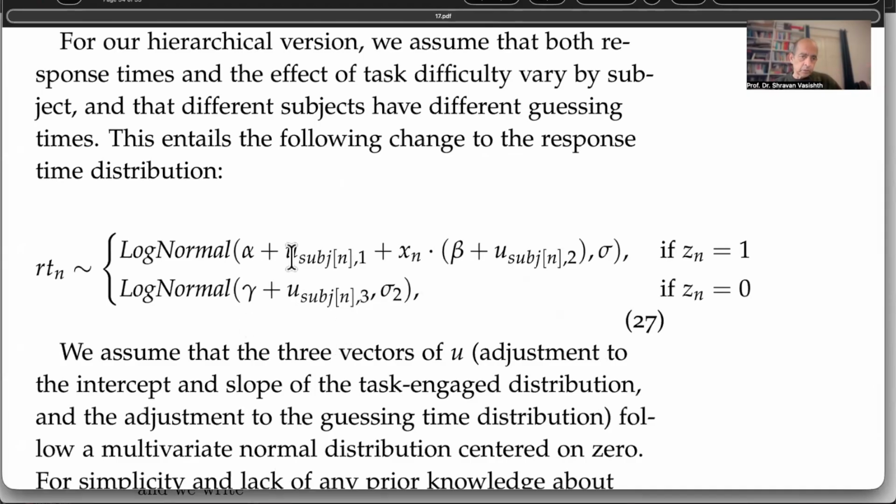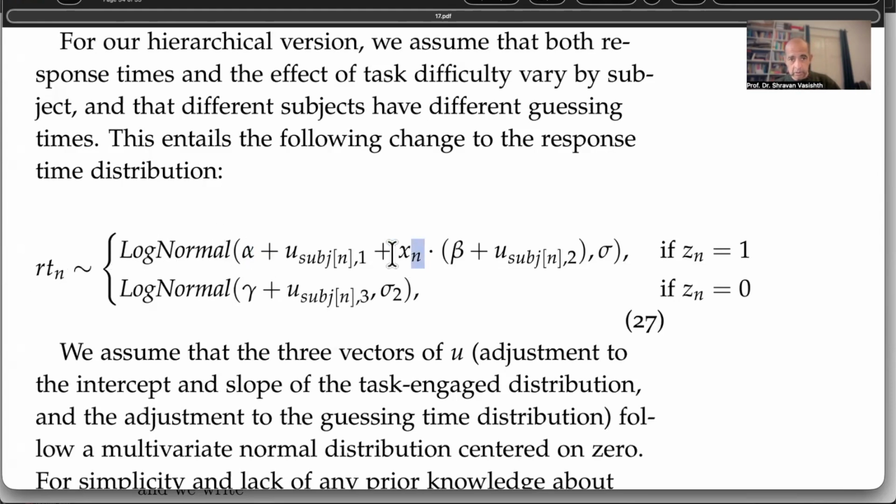Okay, so what you're going to see here is that if you remember in the reaction times mixture process, whenever the participant is task engaged, then they have an average response time on the log scale, and the effect of the easy or hard trial type determines what the reaction time would be in the nth row, right?